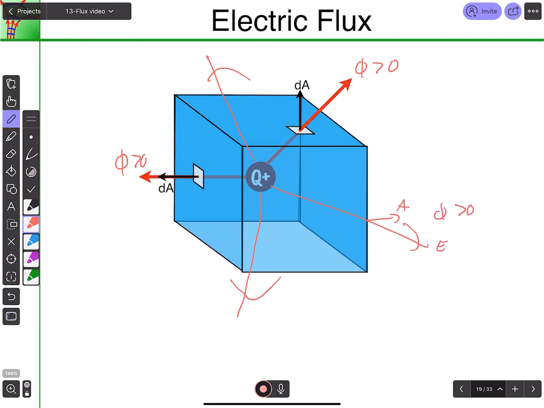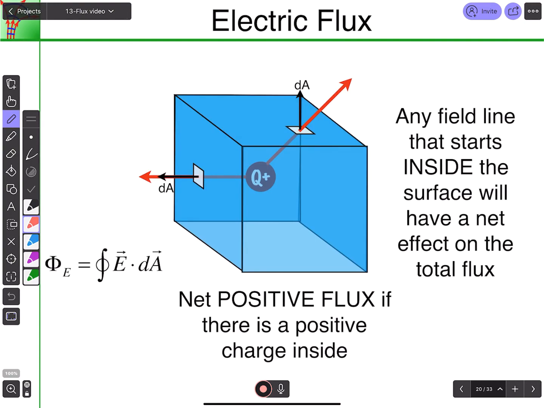So the flux through each of these sides of the cube is greater than 0. Any field that starts inside the surface will have a net positive effect on the electric flux. In other words, the electric flux through the whole surface is going to be positive, because every field line is coming out of the surface, always making an angle of less than 90 degrees with the area vector.